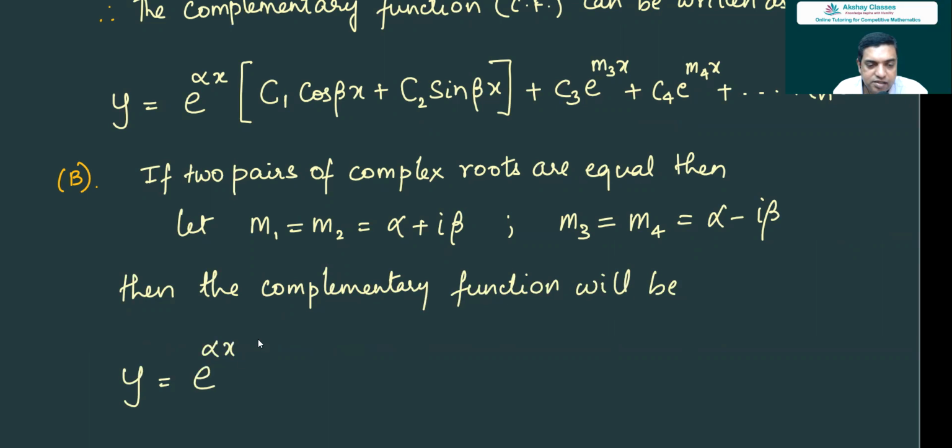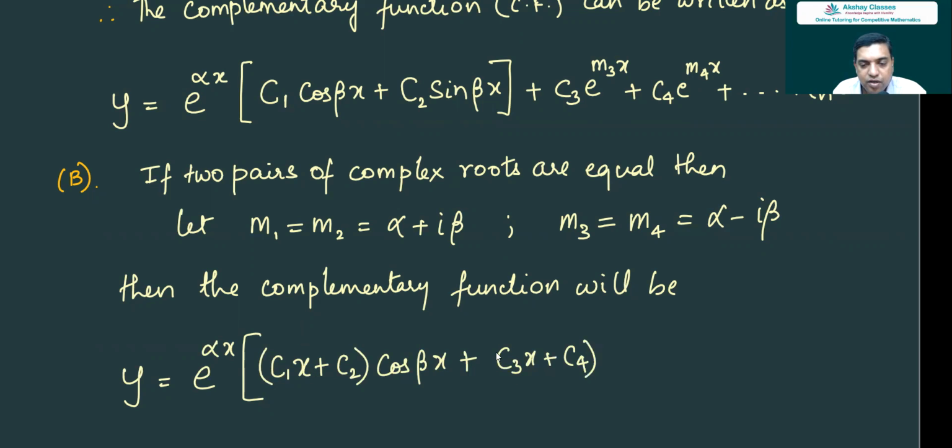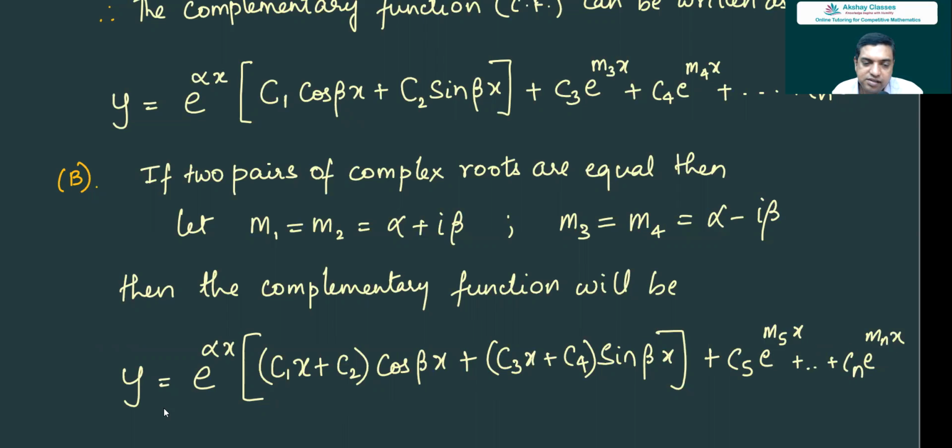e power alpha x will be common. Then, just like we did for the two equal roots in case B, you get C1x plus C2 times cos beta x plus C3x plus C4 times sin beta x. Then the remaining things are as they are: C5 e power m5x, up to Cn e power mnx.